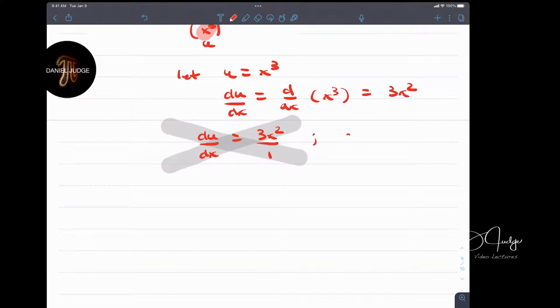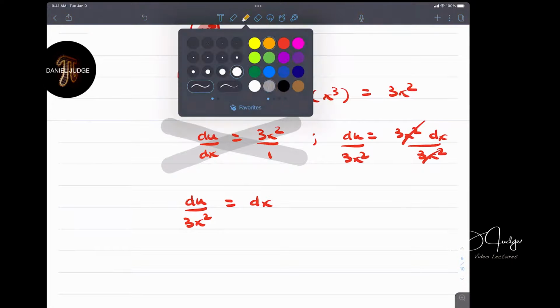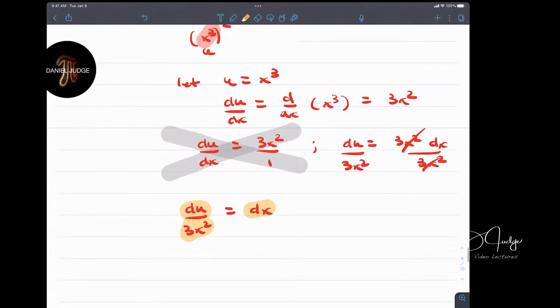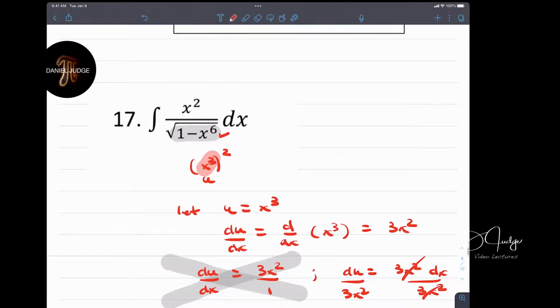You say this would be du equals 3x squared dx. So you divide both sides by 3x squared. Cancellation. Du over 3x squared is your dx. This is what we're looking for. Du over 3x squared for dx. Okay.